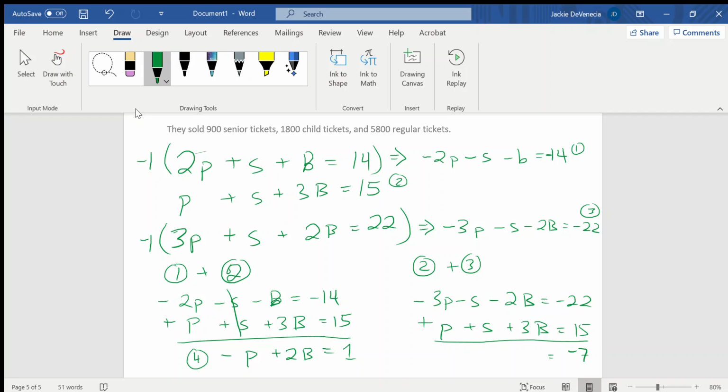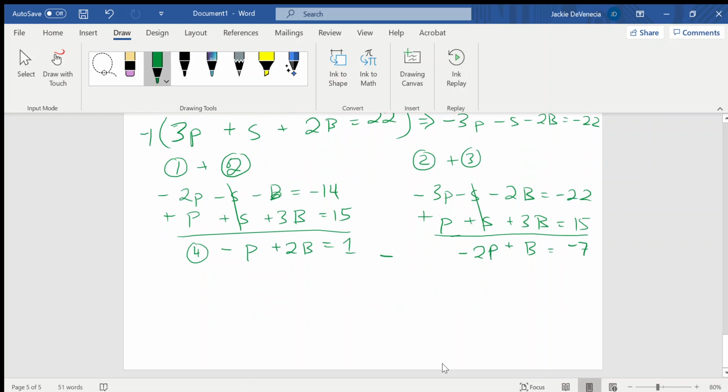Negative 2b plus a 3b, that is a positive b. That crosses out. A negative 3p plus p, this one is going to be a negative 2p. So we have a negative 2p right over here, and this is going to be our fifth equation.